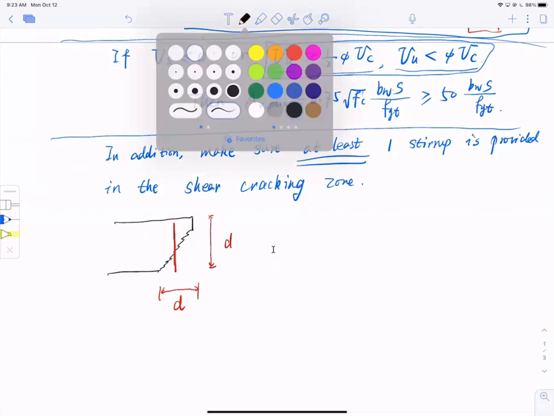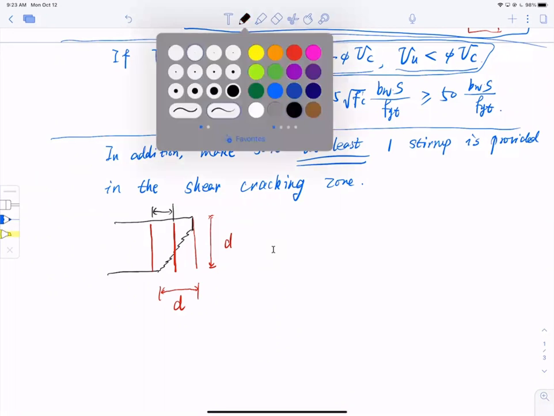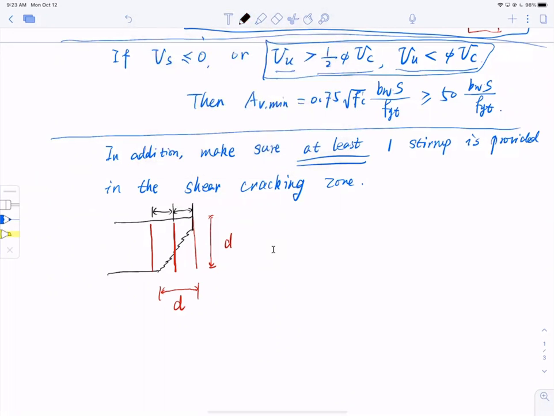If this is the spacing and that's the second stirrup here, and that's another stirrup here, to have one stirrup sticking in the middle of the crack, I need a required spacing of half the depth.